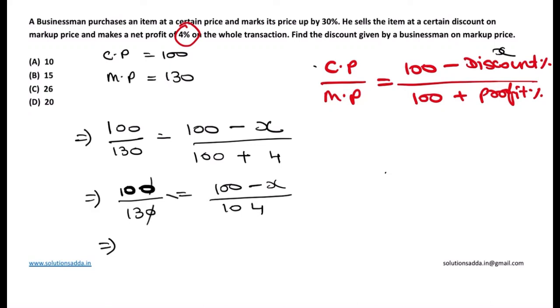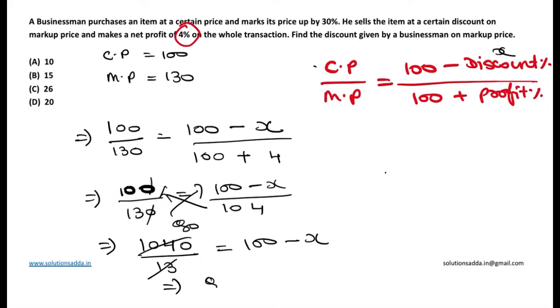Solving it further, it would be 1040 upon 13 equals 100 minus X. So 1040 upon 13, when we calculate, we get 80, which implies that 80 equals 100 minus X. This gives X equals 100 minus 80, which is 20.